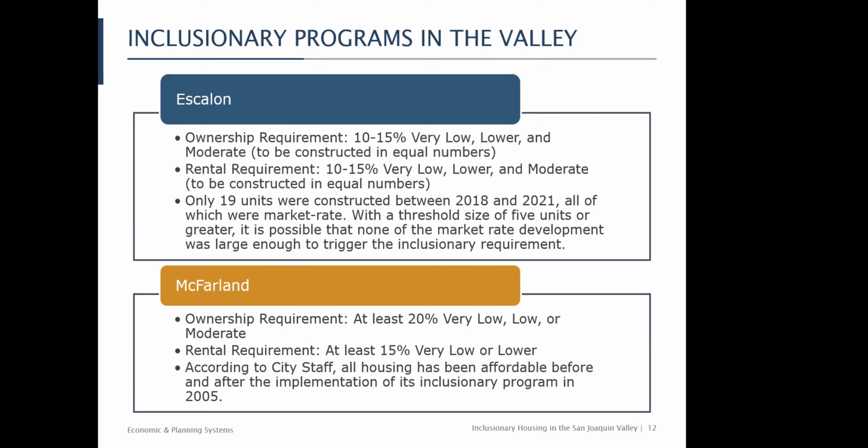In McFarland, their ownership requirement is at least 20%, very low or moderate. The rental requirement is somewhat lower, at least 15%. According to staff, the housing was really affordable both before and after, so they've got other ways of achieving affordable housing in McFarland. Really, in McFarland, there's been very little development.